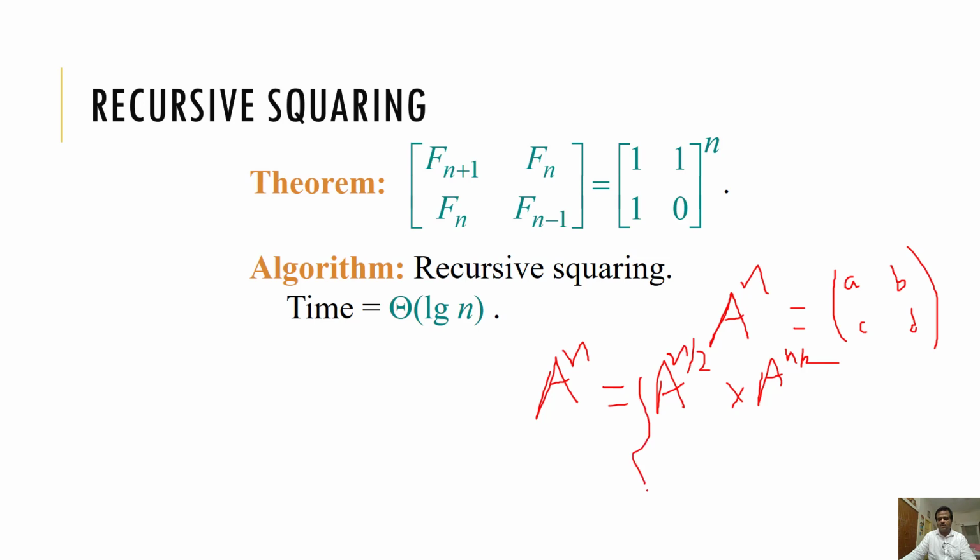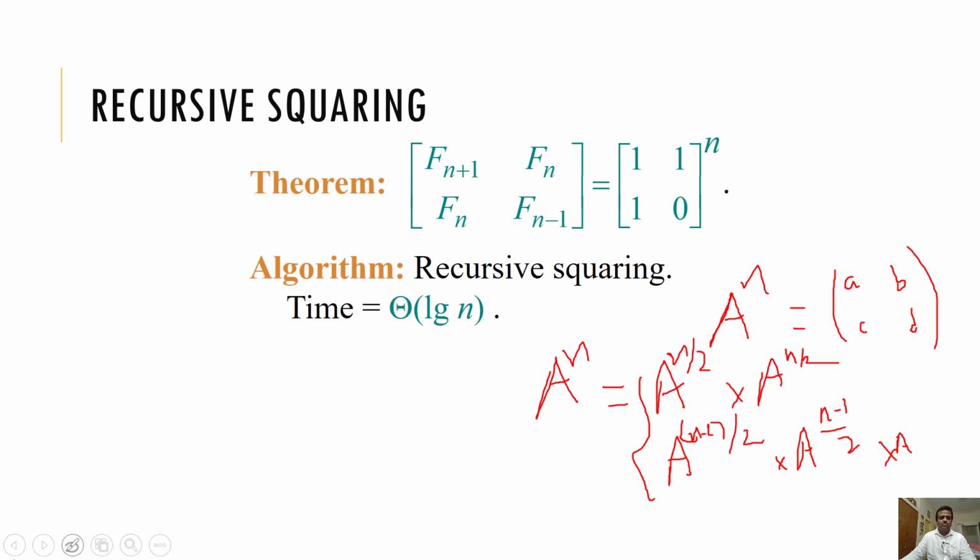Otherwise we have the formula A to the power n minus 1 by 2 into the same thing, A to the power n minus 1 by 2, into A, if n is odd. So, that means this is a divide and conquer formula.